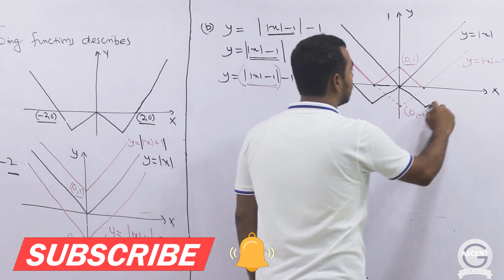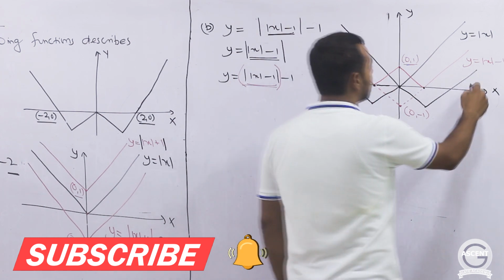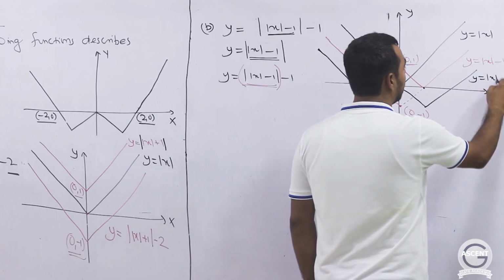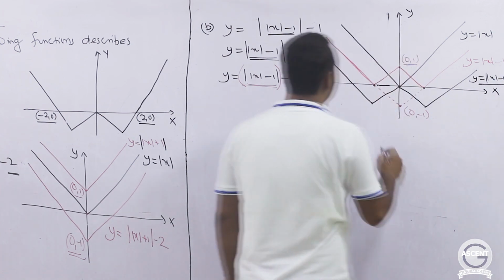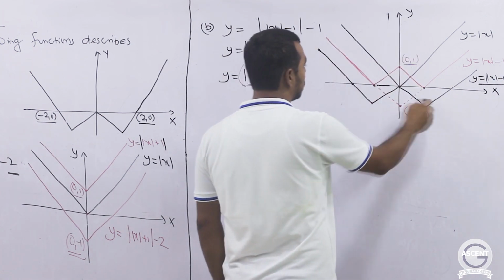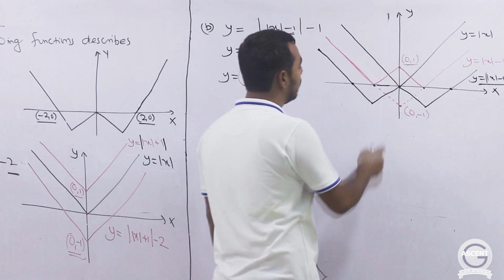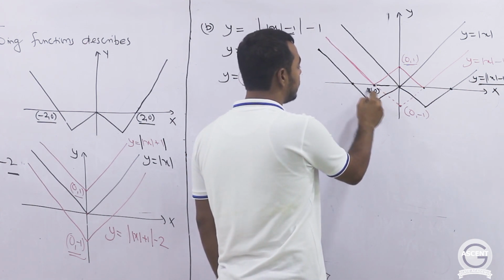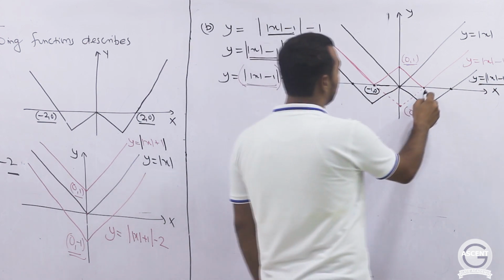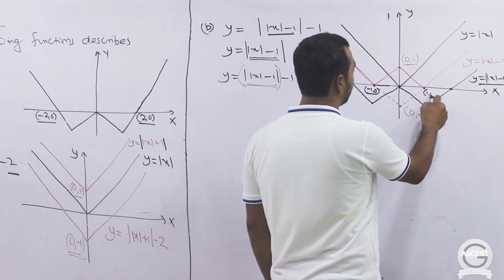This will be your graph of function y equals to mod of mod x minus 1, minus 1. And as you can see, what should be the coordinates of these 2 points? This point was (-1, 0), this point was (1, 0).